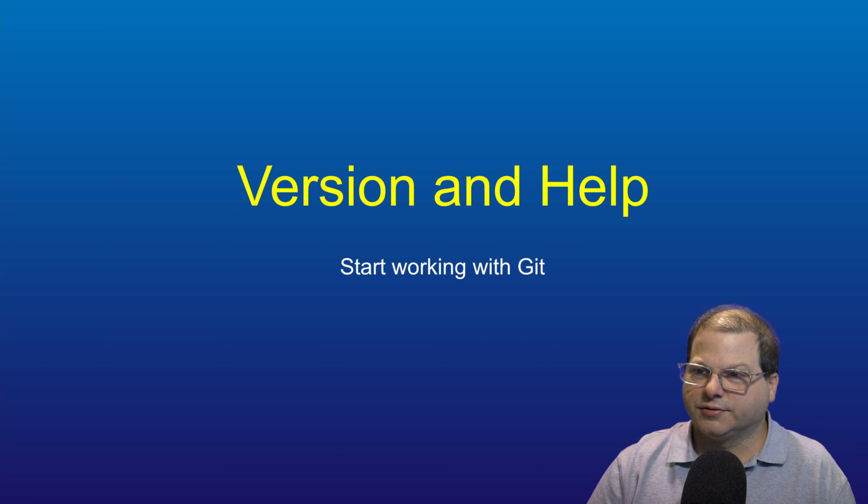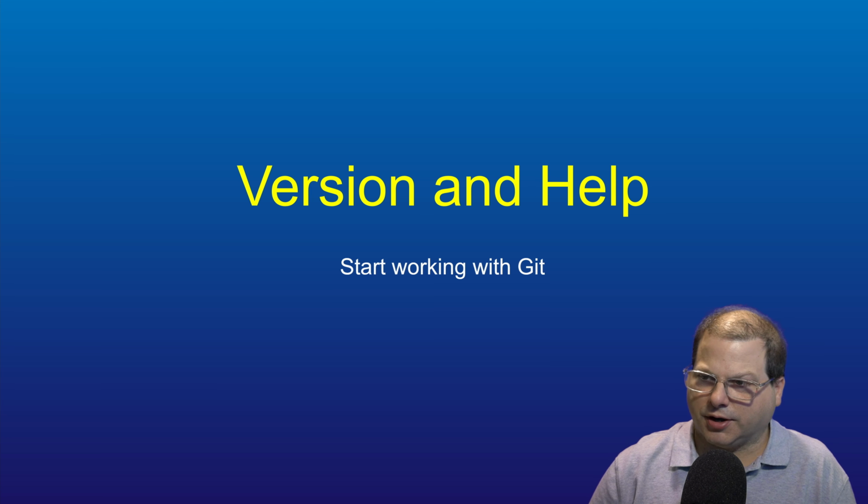All right, now that we have everything set up and ready to go, let's start working with Git just a little bit by looking at our Git version, which we've already done basically, and more importantly, how to get help using Git, both through the command line and online.